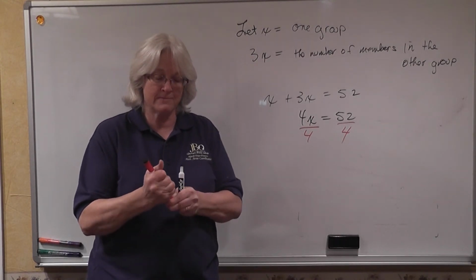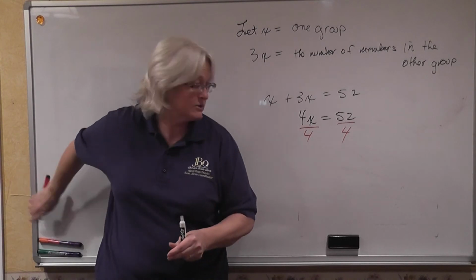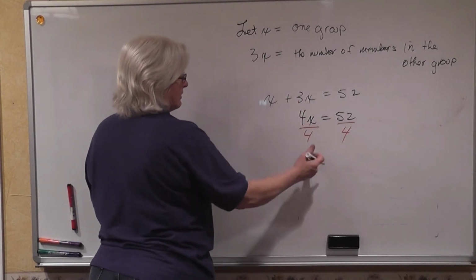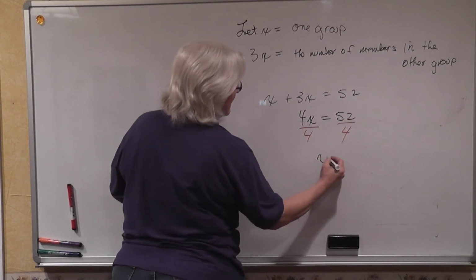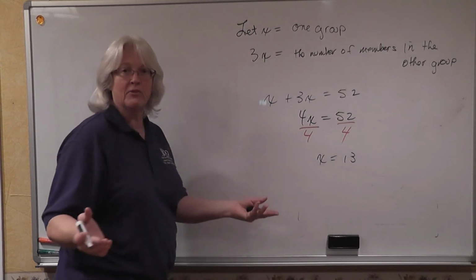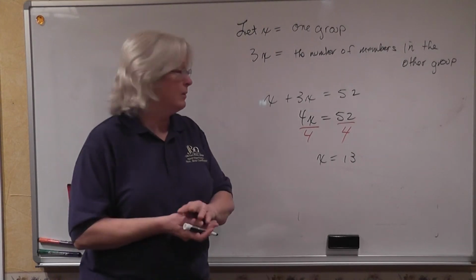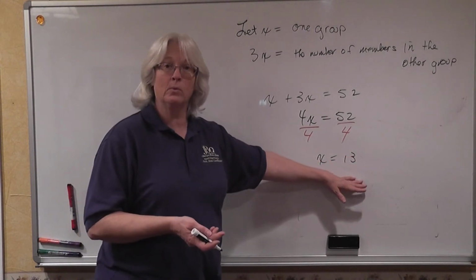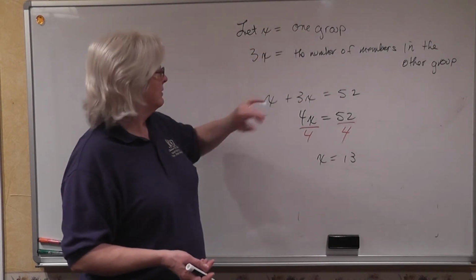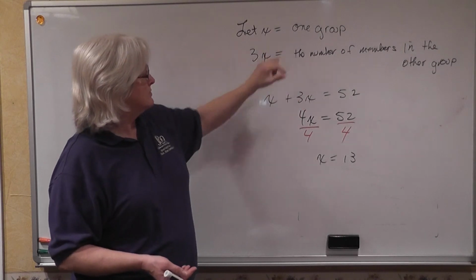When I do that, the 4's cancel, and we have x is equal to 13. Am I finished? Again, no, because you always have to label a word problem, and you have to make sure that you're answering every part of it. We have a value for x, which is 13.